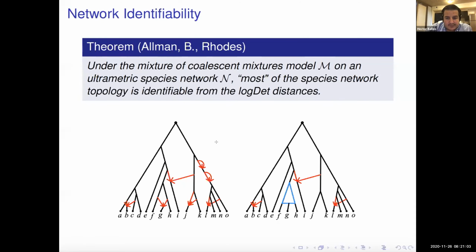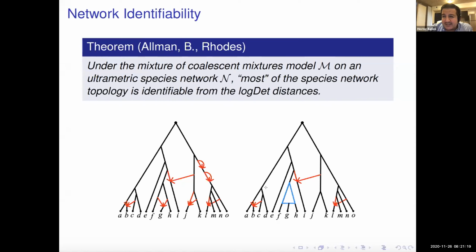And then once we get that, we use a combinatorial argument to use all the triplet information and put it together to get the network. So that is the main result in terms of identifiability.